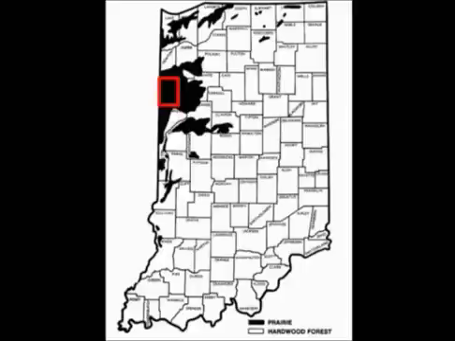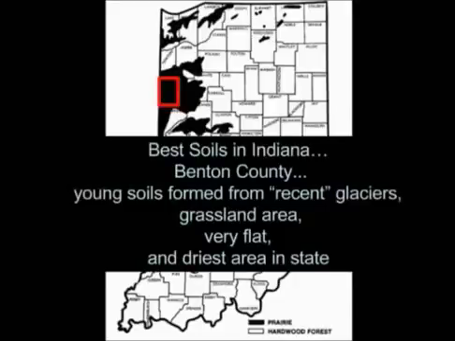Why are they the best? Well, first off, they're young soils. Younger soils are better than older soils, and they formed from recent glaciers. So they're transported soils. They formed in a grassland area. This is a flatter area due to glaciers, so it doesn't have the slope issues, and it also is the driest area in the state, so it's not going to have a good amount of leaching. It's not going to have a good amount of organic material leaving those top layers.